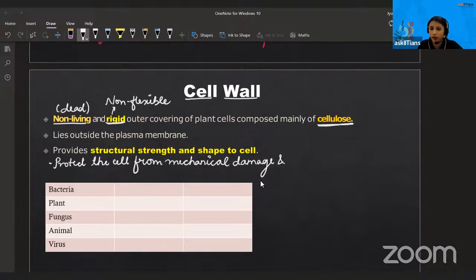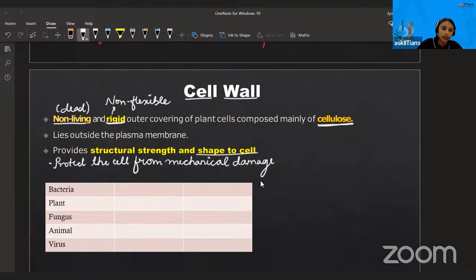And some other types of stress as well. So this is the function of your plant cell wall. First, it provides the structural strength, and it also maintains the shape of the cell. So this is the function of a cell wall.